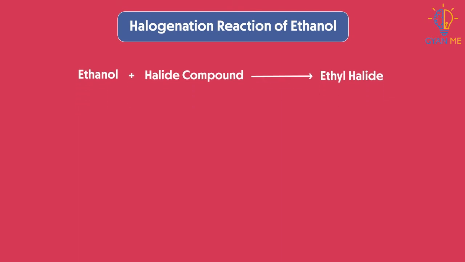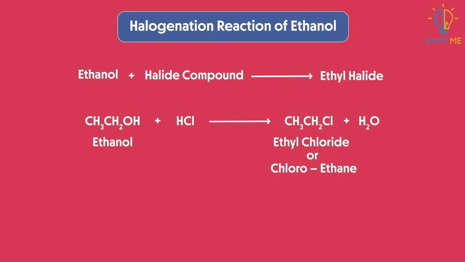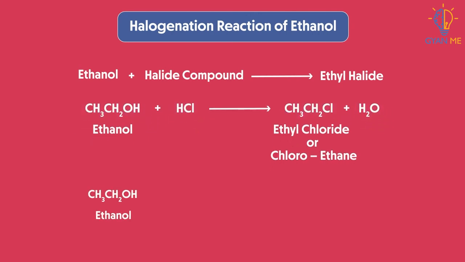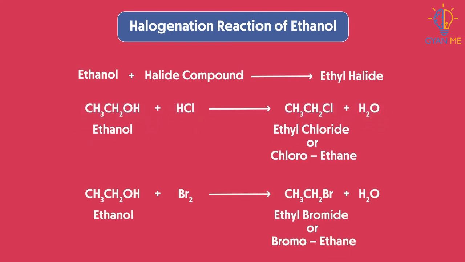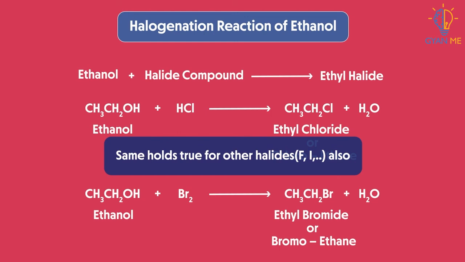Now going back to ethanol, when it reacts with any halide compound, it forms ethyl halide. Say for example, if ethanol reacts with HCl, it forms ethyl chloride or chloroethane. The reaction looks something like this. Or if it reacts with bromine, it forms ethyl bromide or bromoethane, and so on. Now the same holds true for all other halides also.